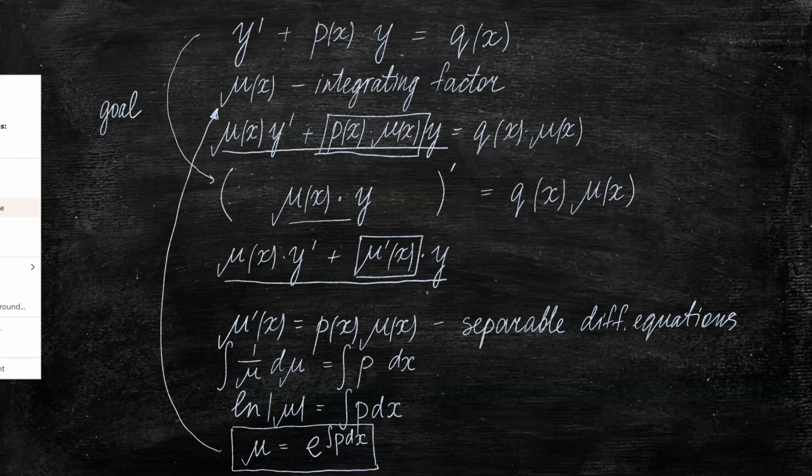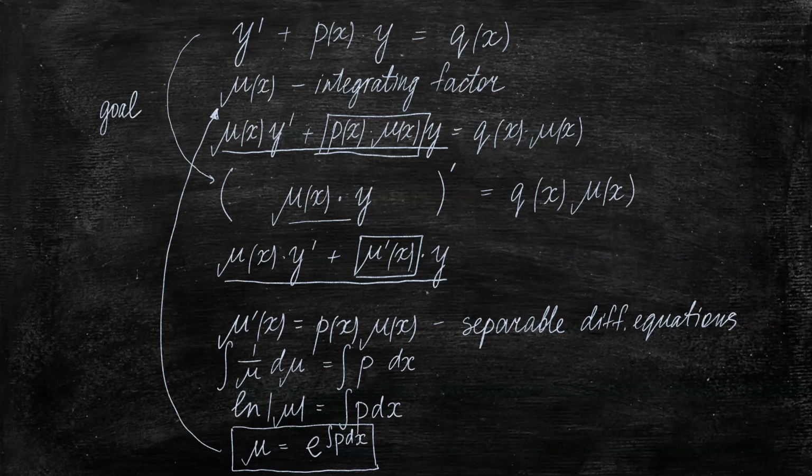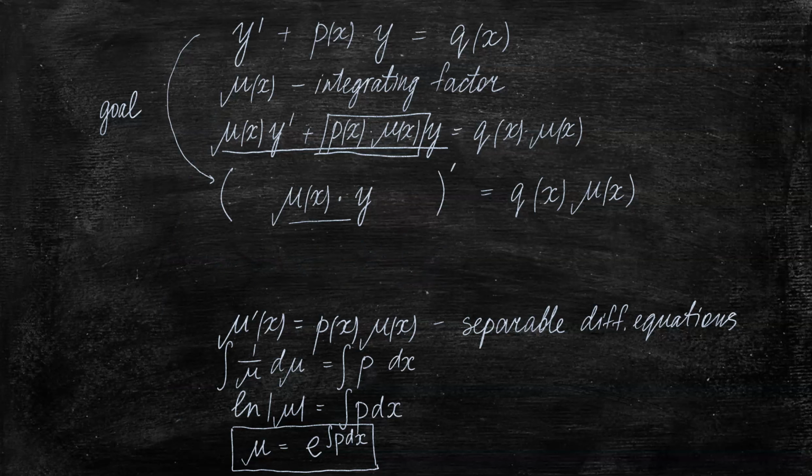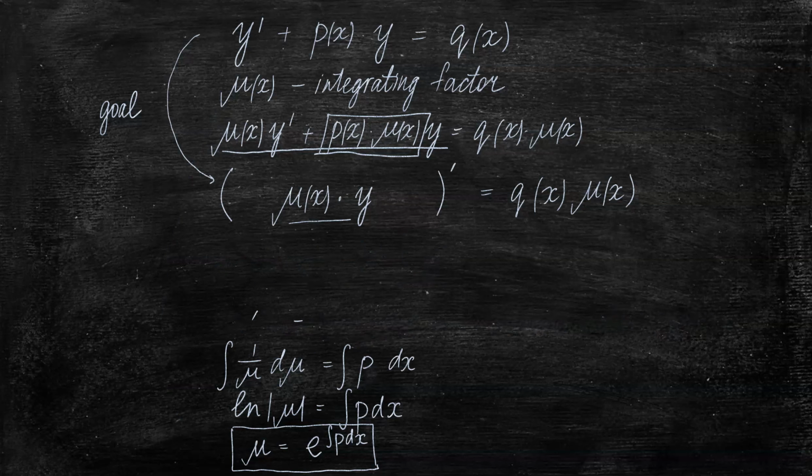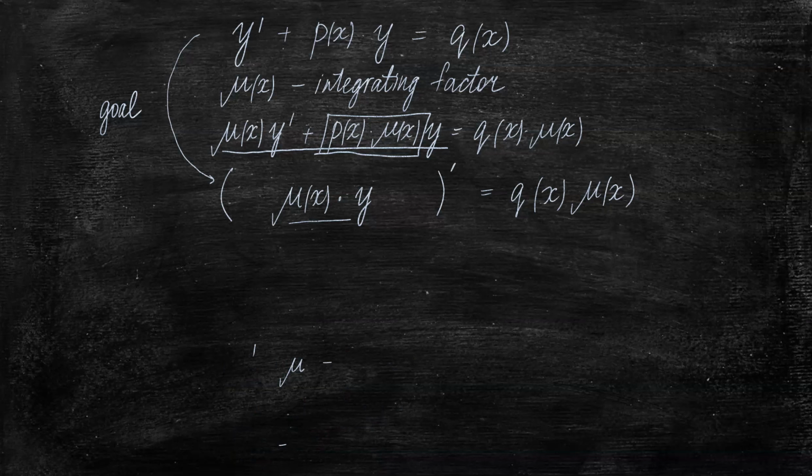And when you get this far, after you rewrite the original differential equation in this form, we can continue the process of solving this differential equation by taking the integral of both sides, and by doing so we obtain the solution in implicit form.